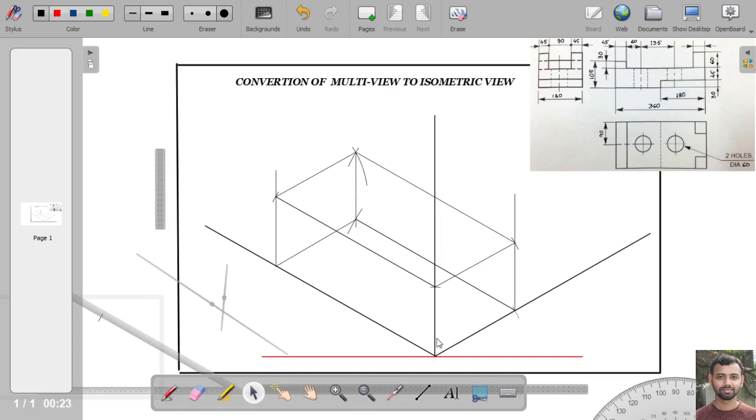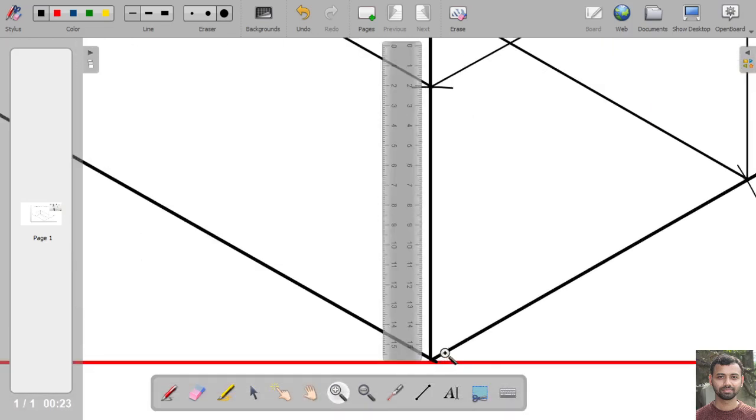So from this starting point, this point is at a height of 30 mm. We have to measure this height, so we can measure with the help of a scale.